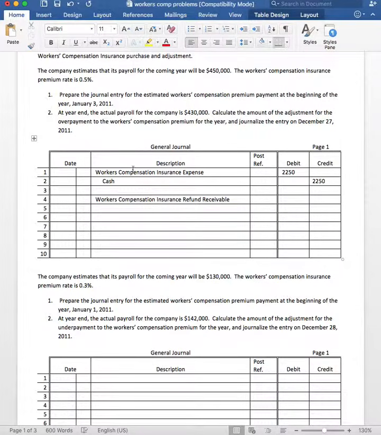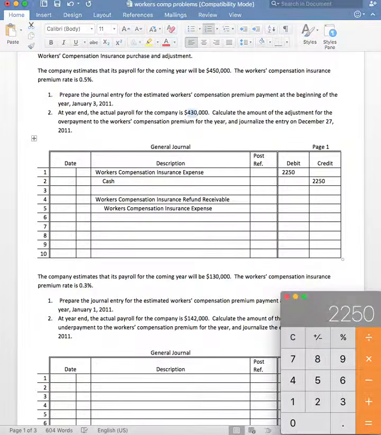Now, this insurance expense right here of $2,250 will be undone because we're going to be getting a refund, so we will do the opposite and we will credit our workers' compensation insurance expense. Now, the difference up here from $450,000 to $430,000 is a $20,000 difference.